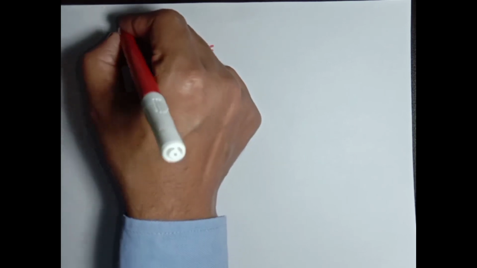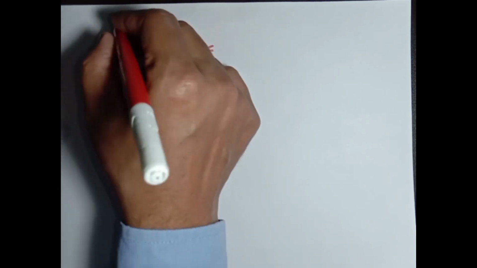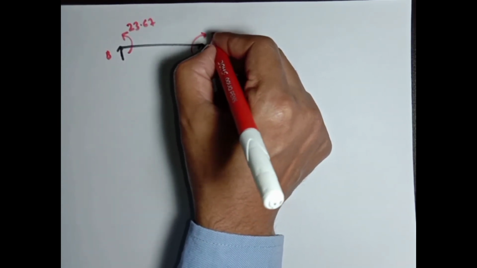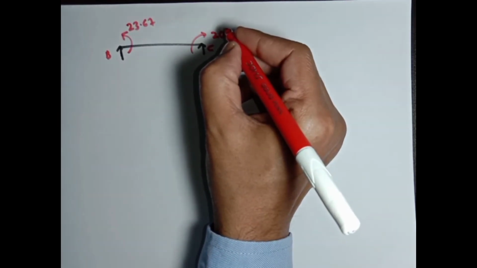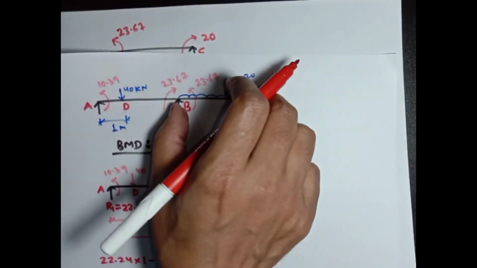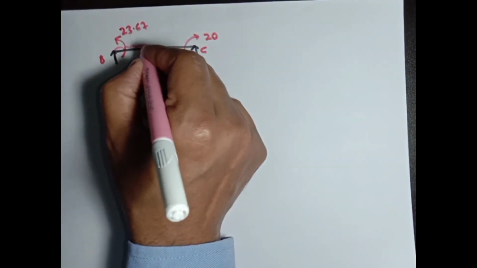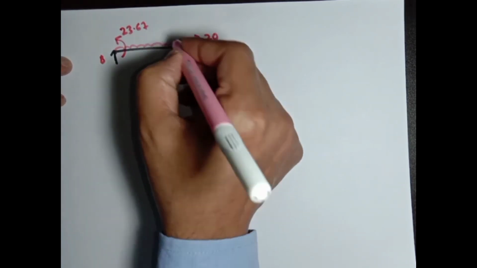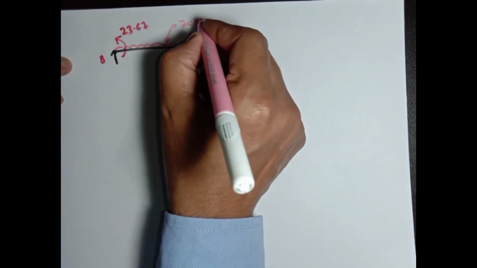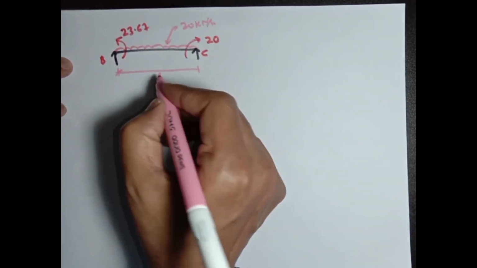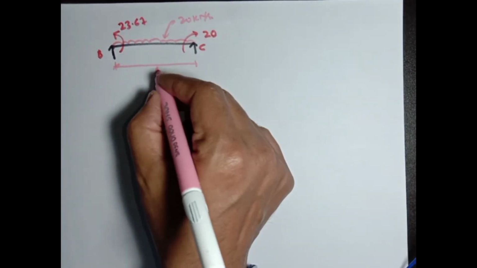This is acting with the joint anti-clockwise moment of 23.67 here. This is acting with a moment of 20 kilonewton in clockwise direction. Here we are taking this one, and it is subjected to external loading of 20 kilonewton per meter length of UDL, and this length is, sorry, 4 meter.